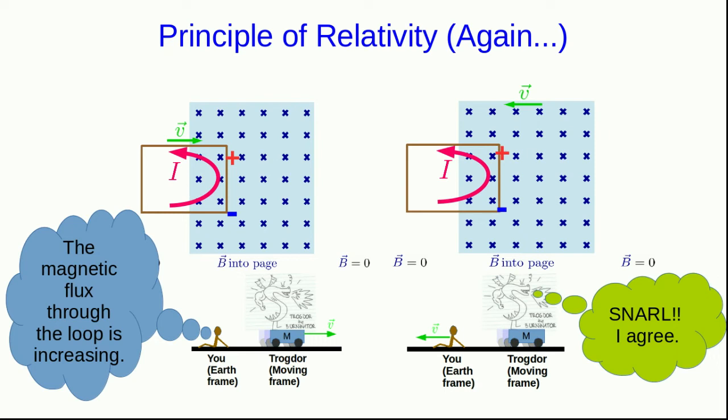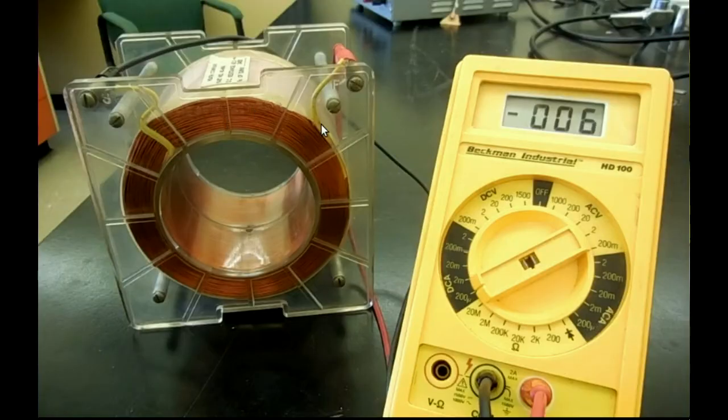What this shows us is that if we have a conductor and we have a magnet, we can induce an EMF in the conductor by moving it, but we can also induce an EMF in it by moving the magnet. So let's see that. I've set up a coil here with an ammeter, and if you look at the connections, you can see that this wire comes into the coil and goes around this way and eventually comes out here.